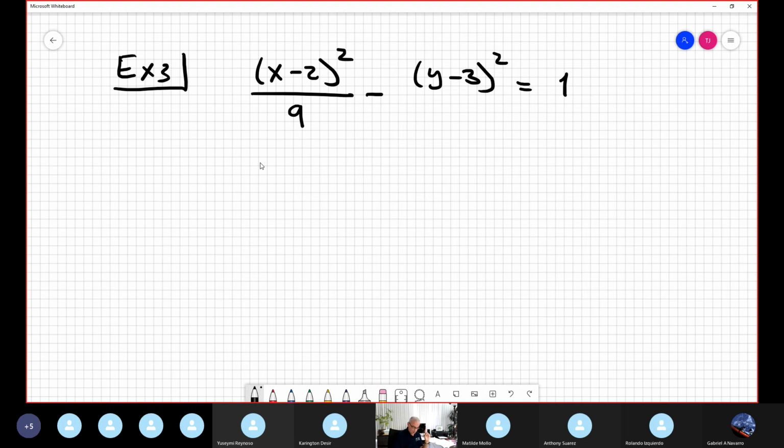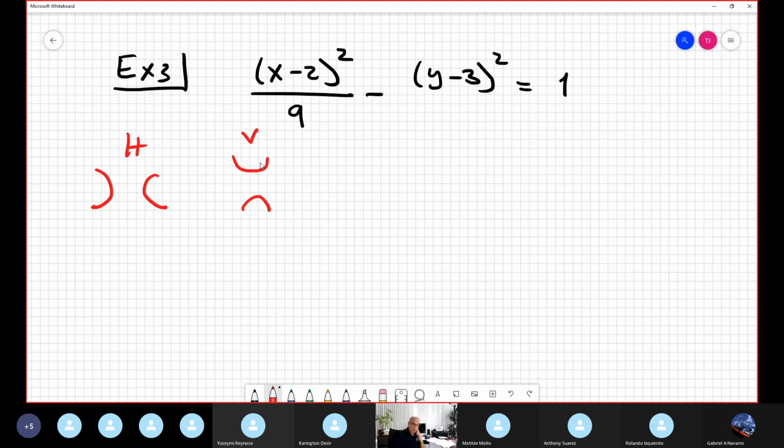Okay. First question. What kind of hyperbola do we have? Horizontal or vertical? Is it this kind or this kind? Horizontal.